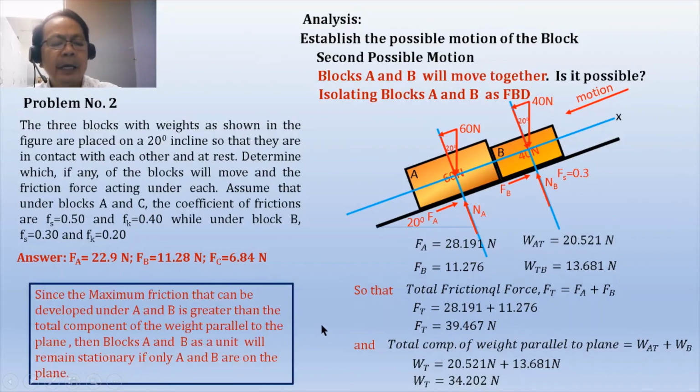Since the maximum friction that can be developed under A and B is greater than the total components of the weight parallel to the plane, blocks A and B as a unit will remain stationary. So, they cannot move. The combined F sub A and F sub B is greater than the combined components of the weight parallel to the plane from blocks A and B.